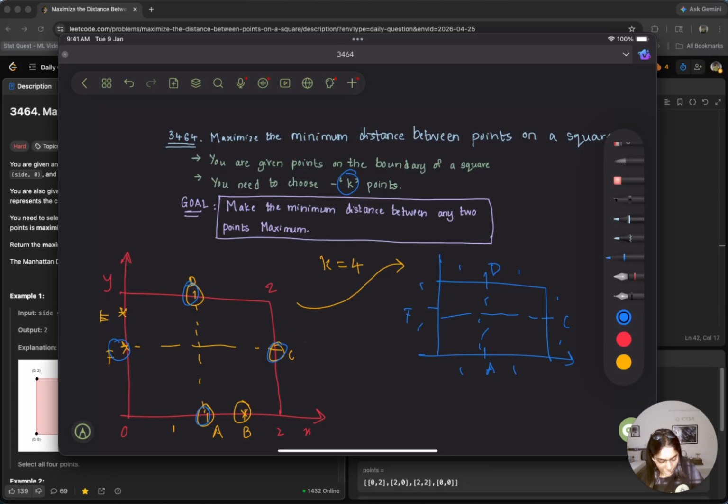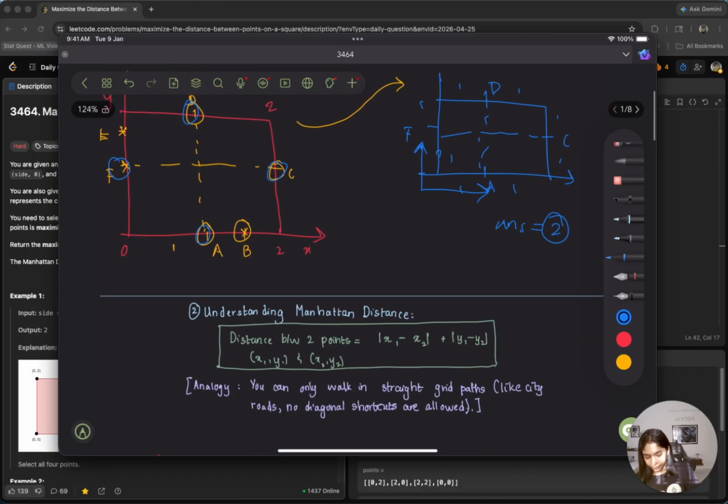So the 4 points are equidistant, and the distance between any 2 points is basically 1 plus 1. So eventually that's the value of side right here. So the answer would be equal to 2. And if you try it in any possible way between these points, this is the optimal answer that we're supposed to get. So yeah, that's an answer of 2.